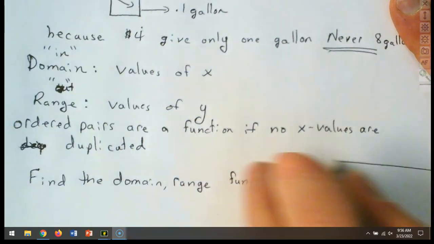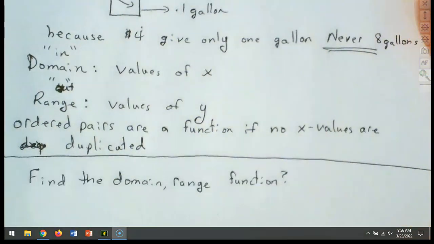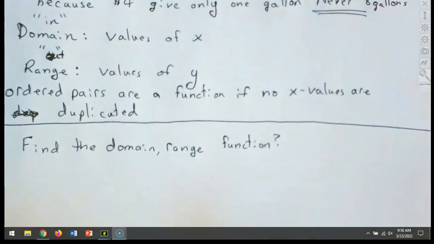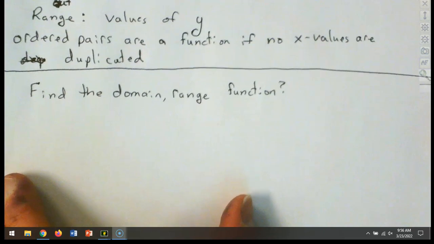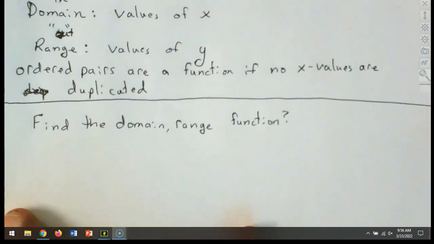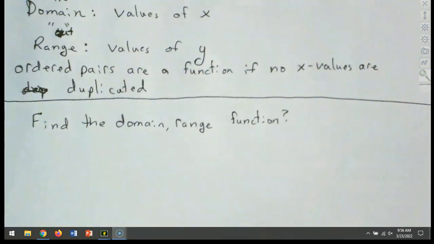Remember, domain is the values of x, range are the values of y, and ordered pairs are a function if none of the x values are duplicated.